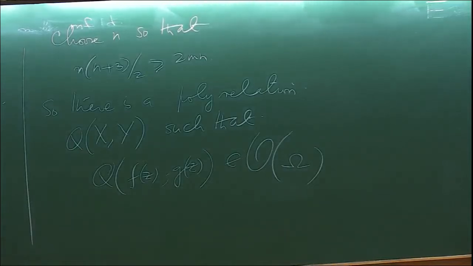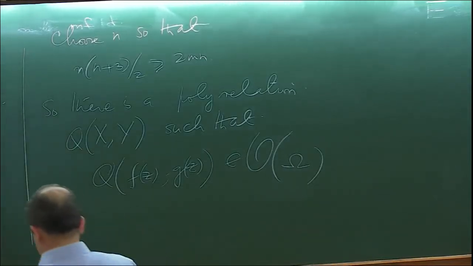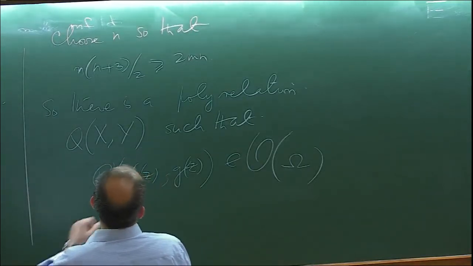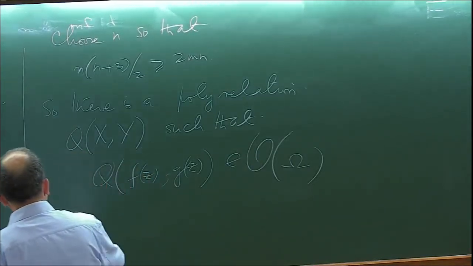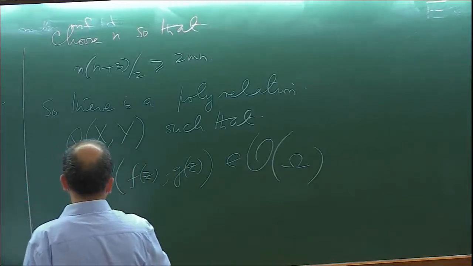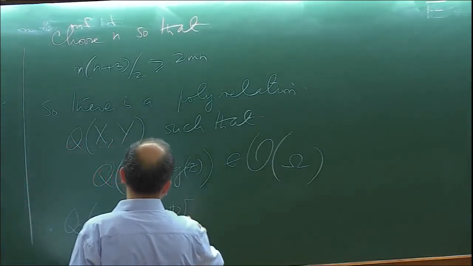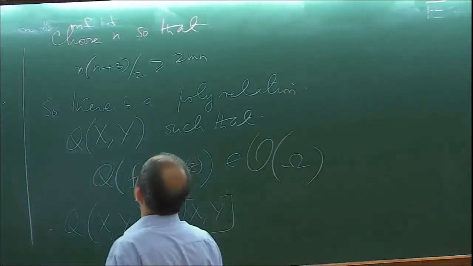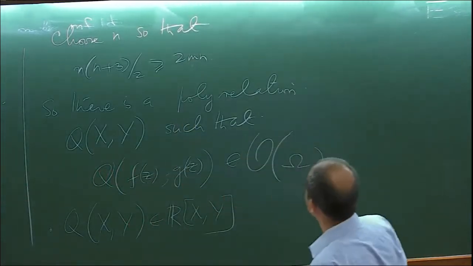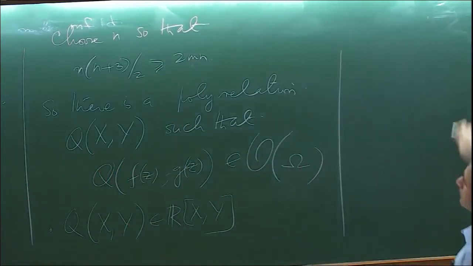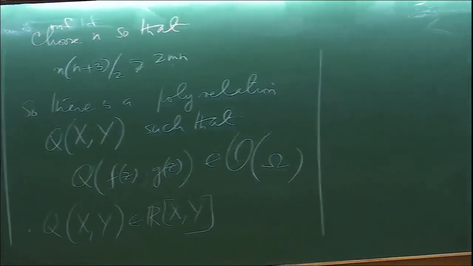And also note that just by construction, q(x,y) is a polynomial with real coefficients. I'm looking at real degrees here. Well, we are almost done.